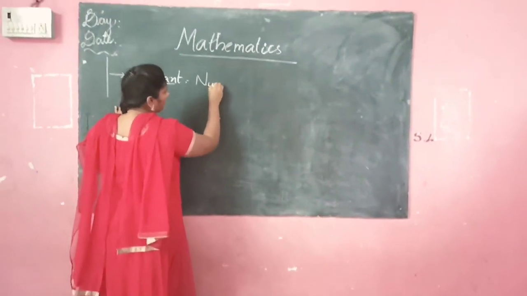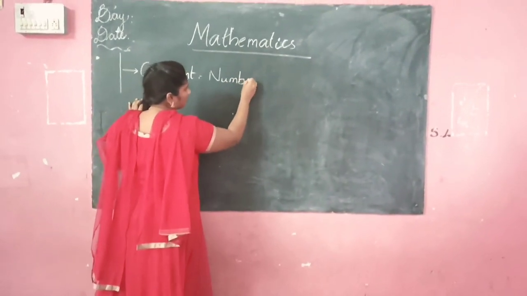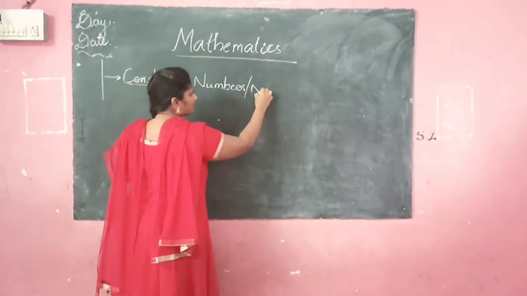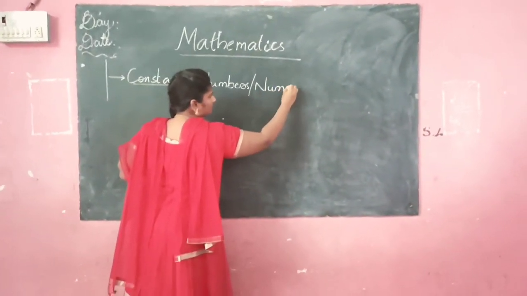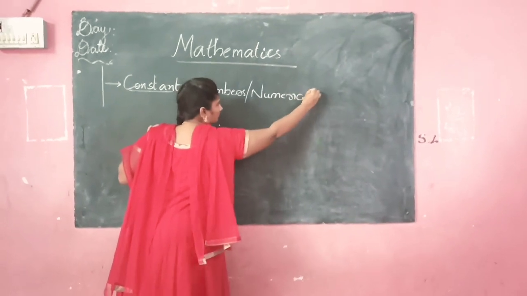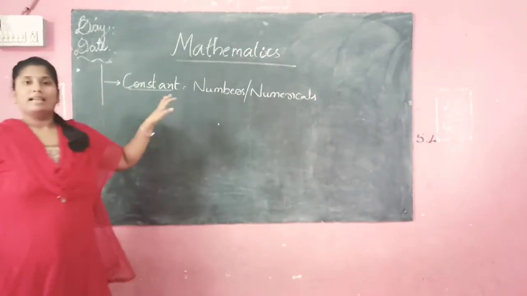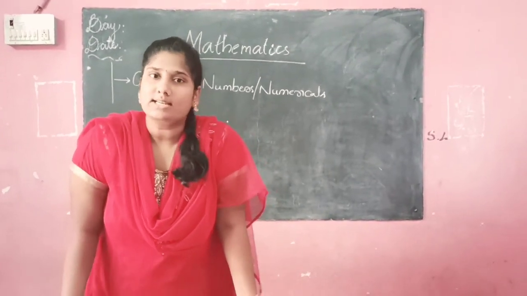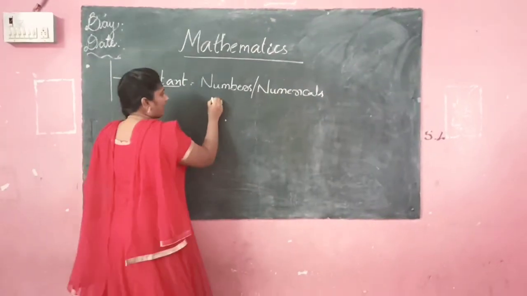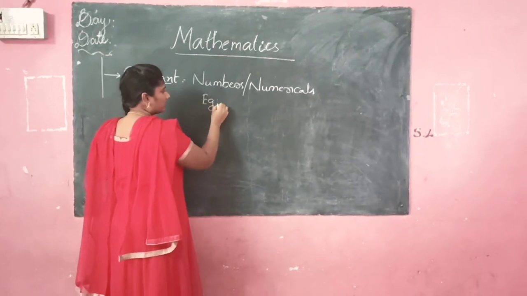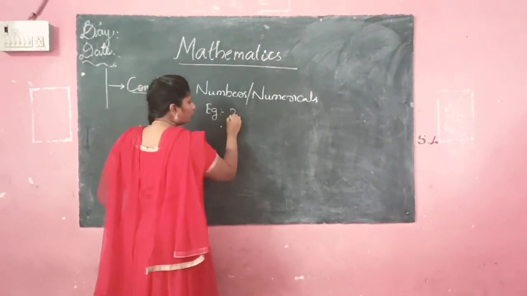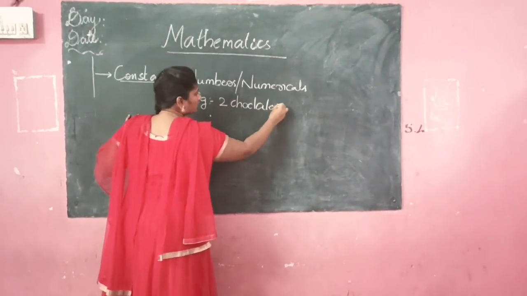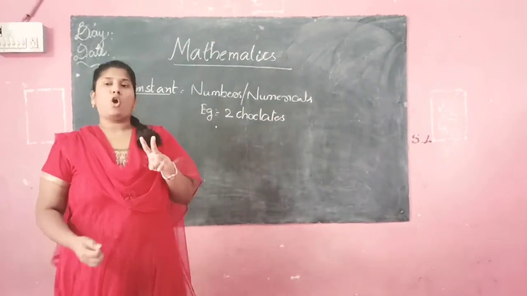What are the examples of constant? Numbers or numericals. So here the numbers and numericals are considered as constant. For example, see, there are 2 chocolates.